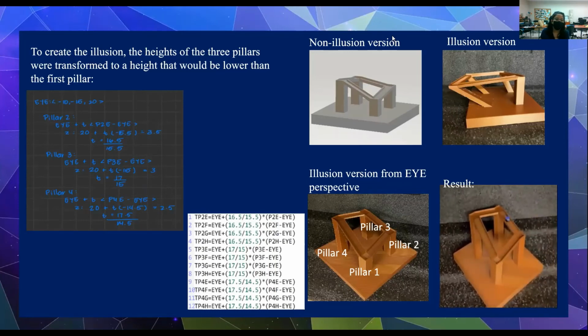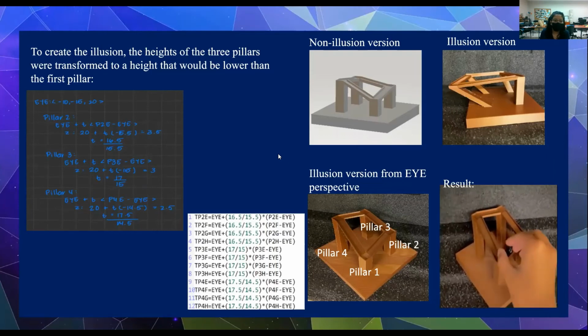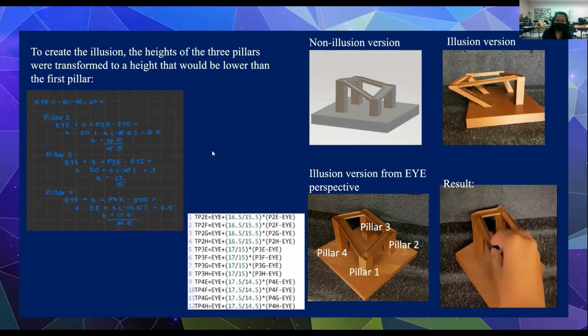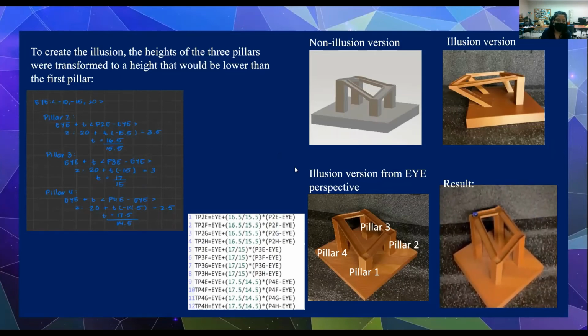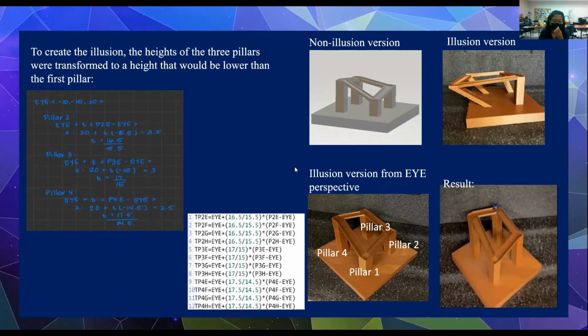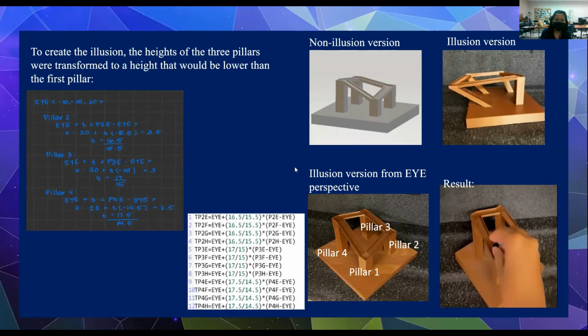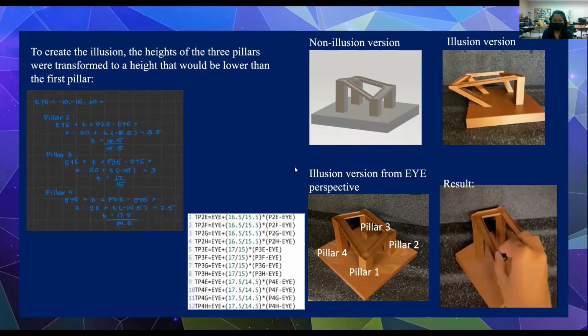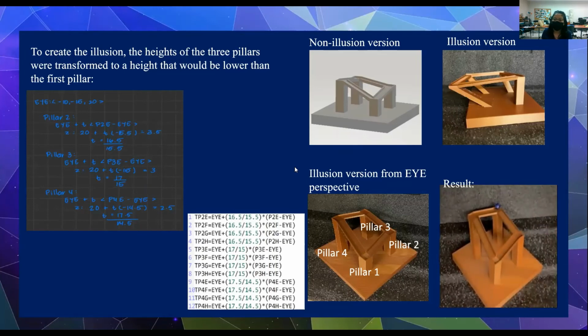and pillar 4 was transformed to a new height of 2.5. So the equation that you see on the left shows me finding the scalar for transforming the rest of the new vertices of the pillars, or the tops of the pillars. And I inserted the scalars into Sage with their corresponding vertices to calculate the new vertices of the illusion version.